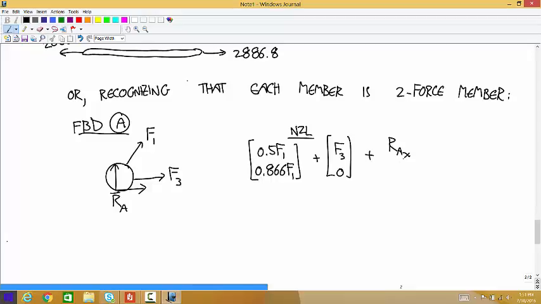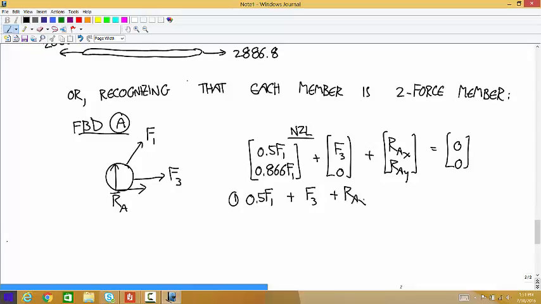Plus RAX, RAY is equal to 0. So your first two equations say 0.5 F1 plus F3 plus RAX is equal to 0. And the second equation says 0.866 F1 plus RAY is equal to 0.